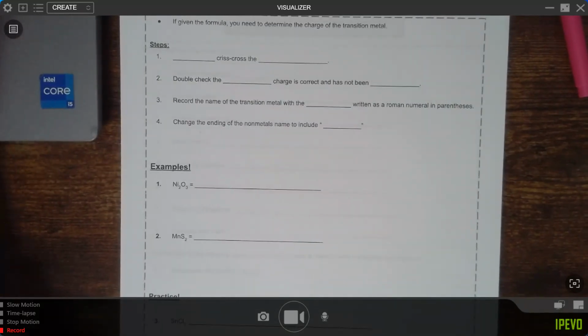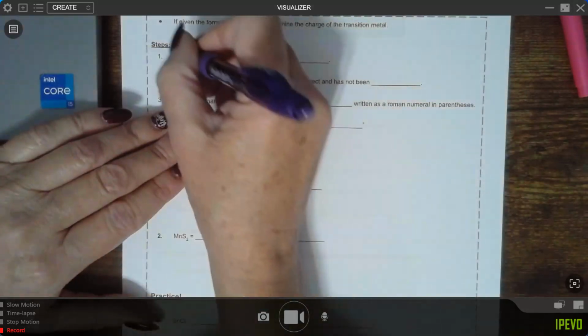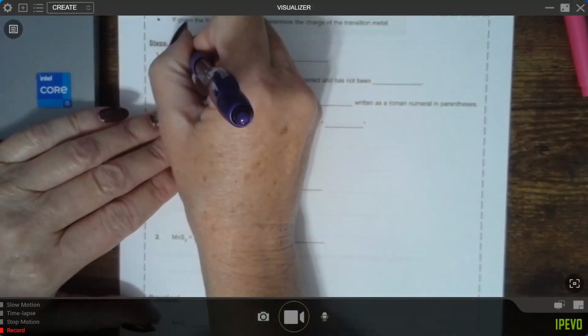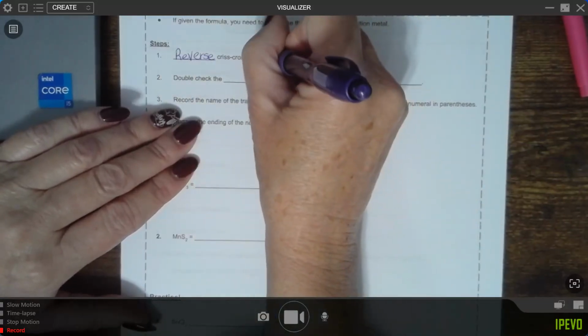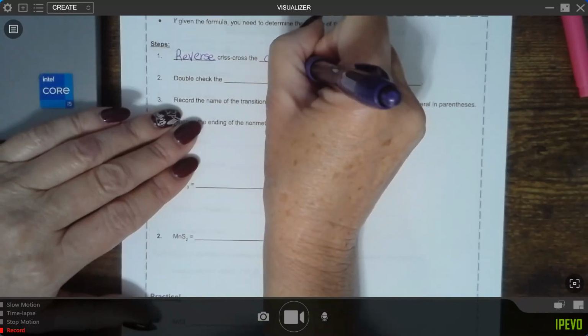So right now we've been doing name to formula. Now we need to do formula to name. In doing that, what we can do is reverse crisscross the charges.